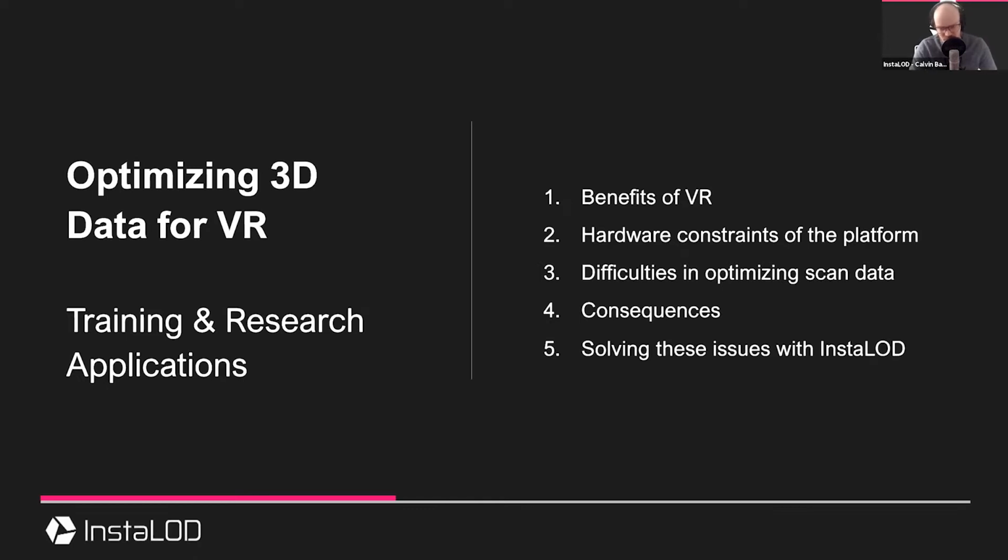But in general, just optimizing 3D data and why it's difficult to do, and the challenges we typically have at this point in time. Then we're going to talk about the consequences, and then finally we're going to solve these issues with InstaLOD with a quick live demonstration.